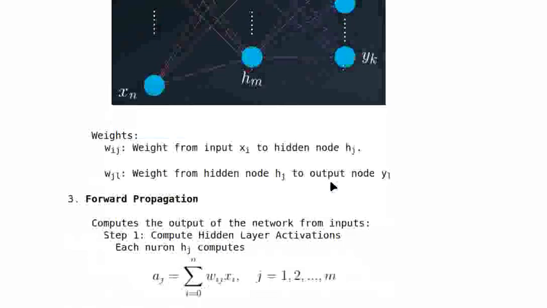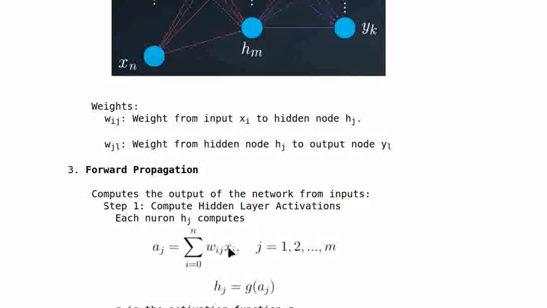And in here, x0 will be our bias, which is equal to 1.